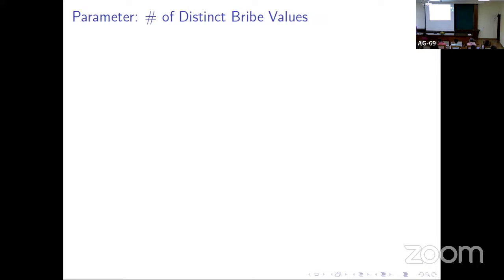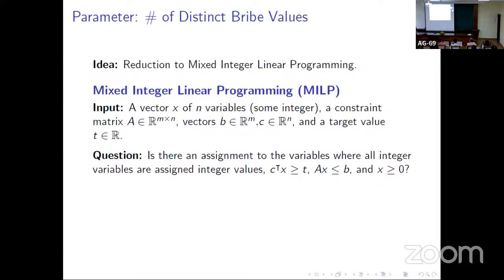So this is also a practical parameter, and to prove that our problem is tractable with respect to this parameter, we give a reduction to the mixed integer linear programming problem. What is that? It is just the usual linear programming problem, with the addition that we have some constraints and some variables, and some of the variables should be integer.